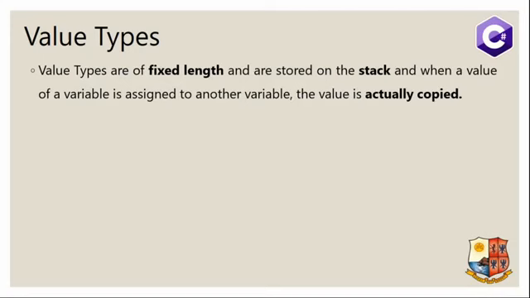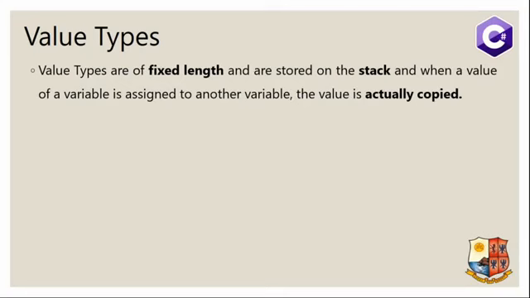Value types are fixed length, which means you cannot increase it, you cannot decrease it. If it's an integer, there is a size, and you cannot change the size of an integer. What you can change is what is stored inside. It is a variable data type, but the length is fixed. If you say int a, int b, both will be given the same space.